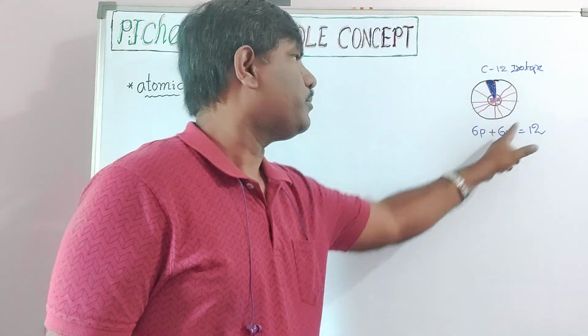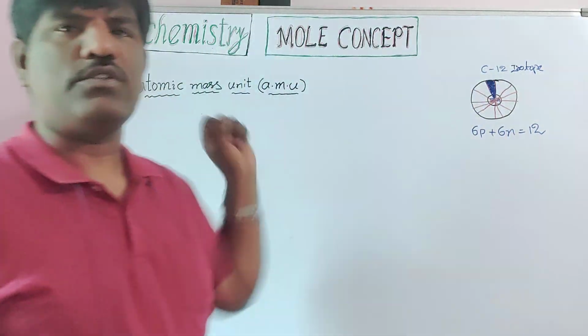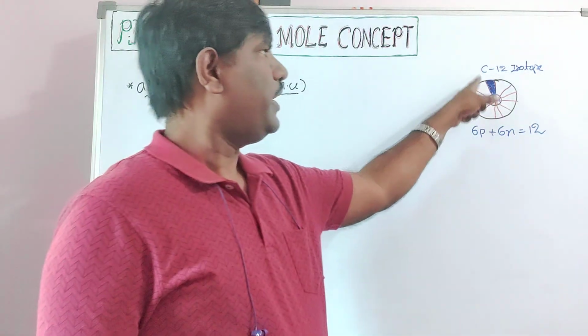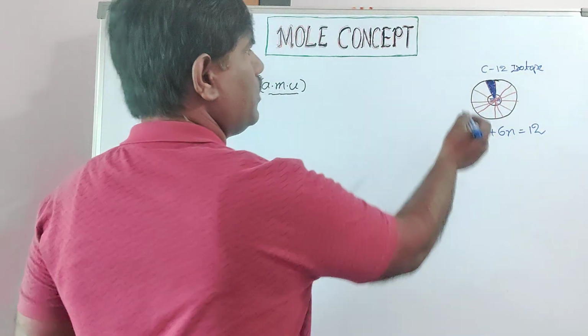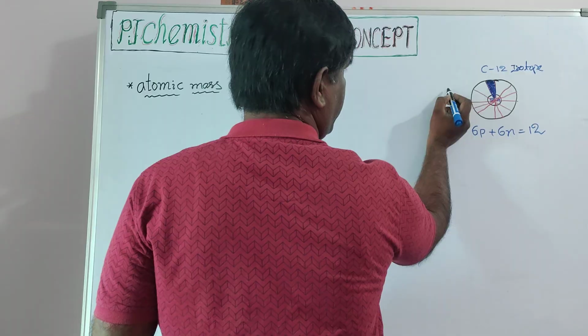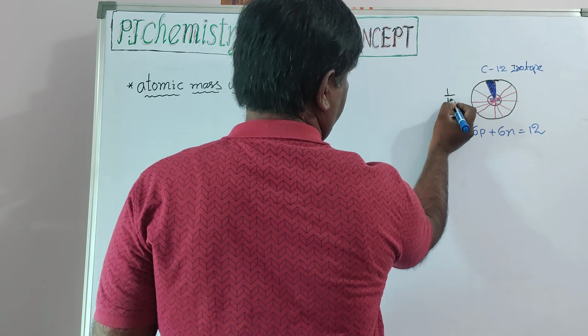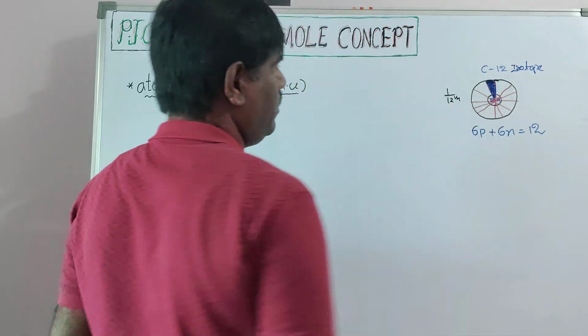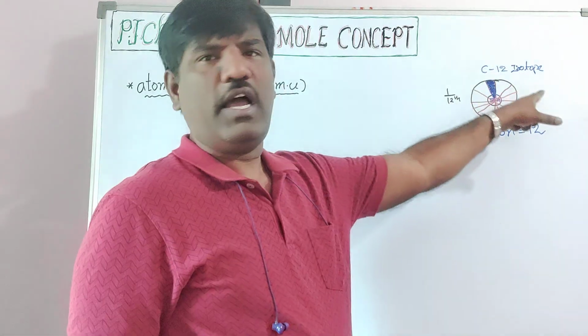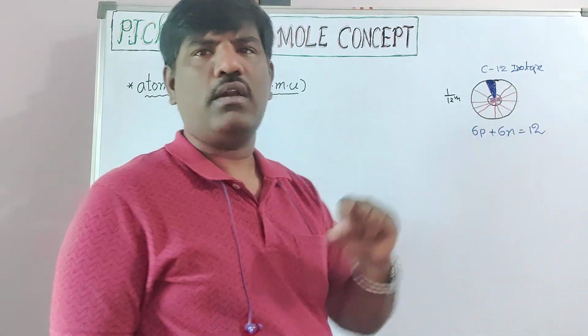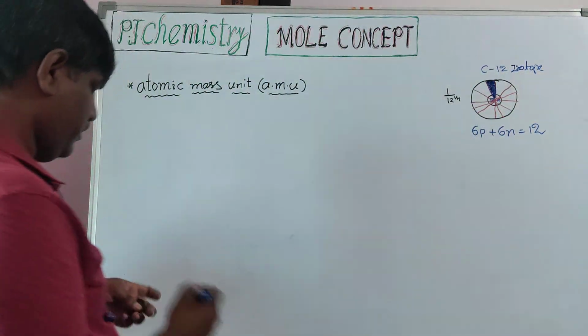1 by 12th part of C12 isotope. 1 by 12th part of this 12 parts total. In that one part, 1 by 12th of C12 isotope is called AMU.